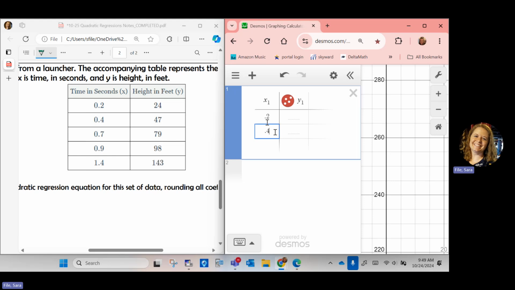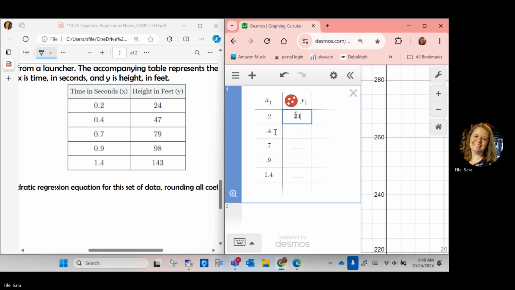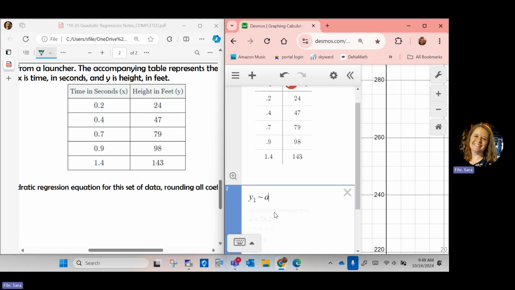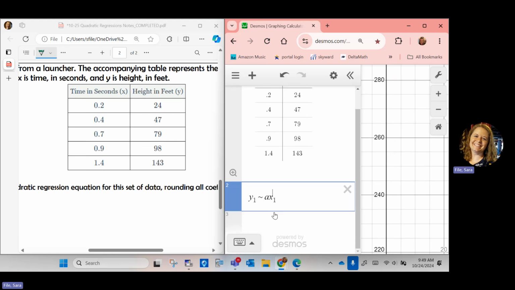X values: 0.2, 0.4, 0.7, 0.9, 1.4. Y values: 24, 47, 79, 98, and 143. So again, it's y1 tilde ax squared plus bx1 plus c.